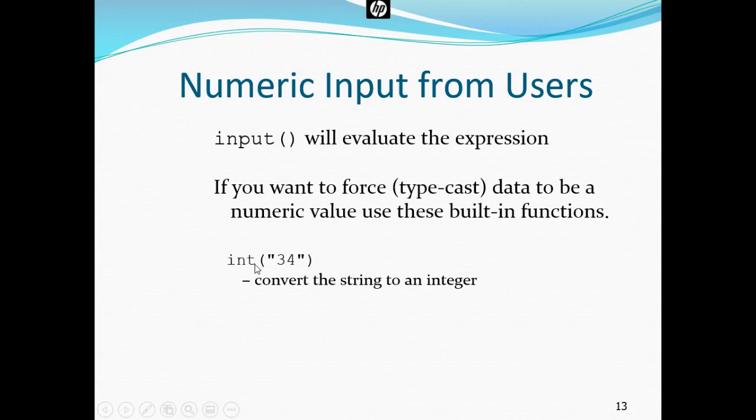Int will give you the integer. Float will convert this number, 8.5, into a number as well. It's forcing the 8.5, which is in a string, into number data.